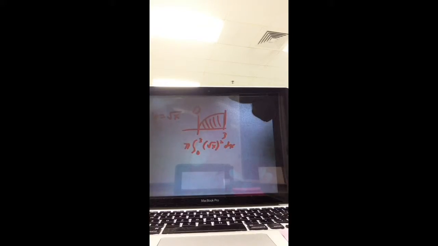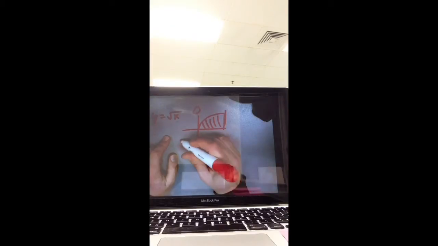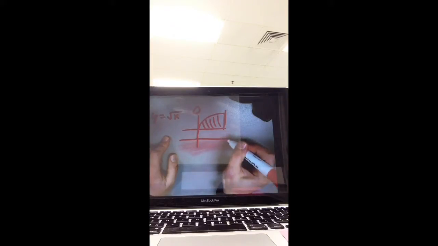What I want to do a little bit different today is I want us to consider this same graph. But this time, instead of rotating the graph about the x-axis, I want to rotate this graph around the line y equals -1.